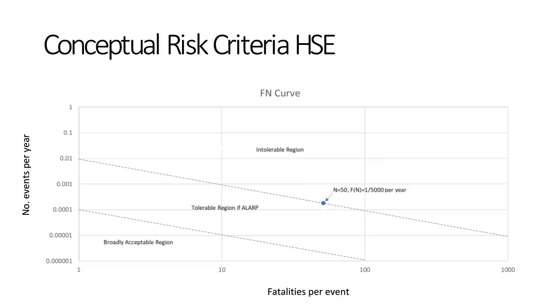This point and its linear equivalent defines the boundary between unacceptable or intolerable risks and tolerable risks. In a similar policy-driven fashion, the boundary between tolerable and broadly acceptable risks can be defined.